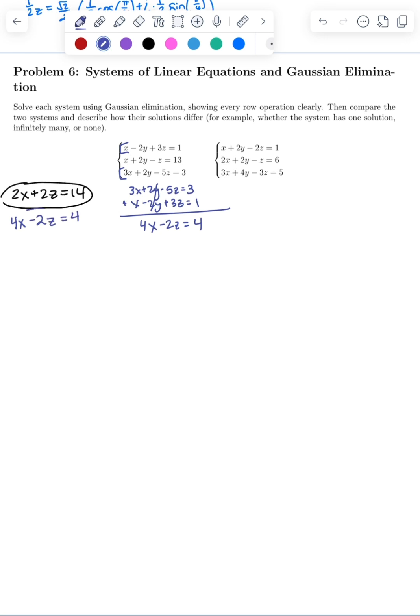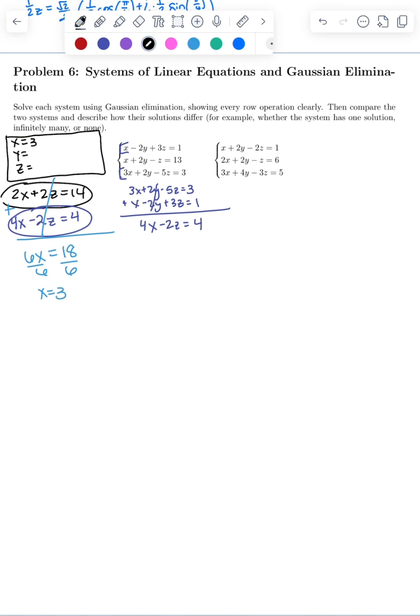Now we have two new equations, so we can do 4x minus 2z equals 4, and add it to the first one, and so we get 6x equals 18, x equals 3.